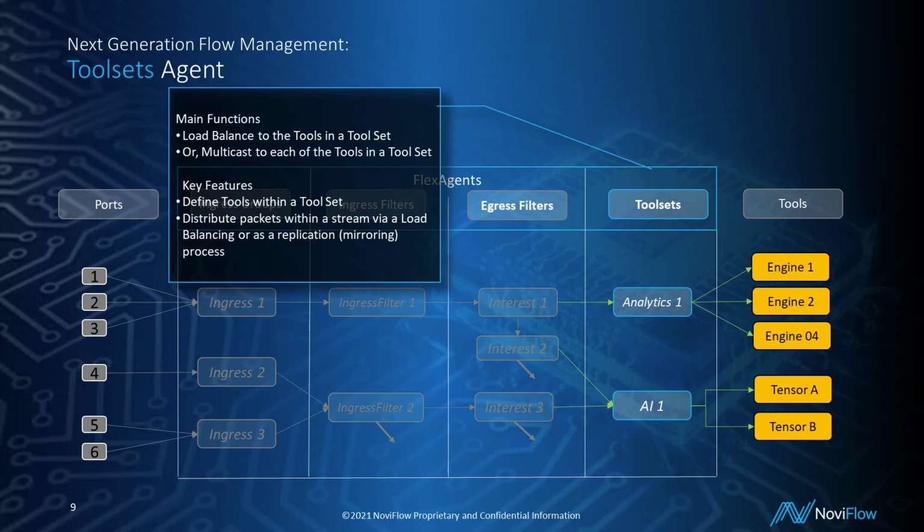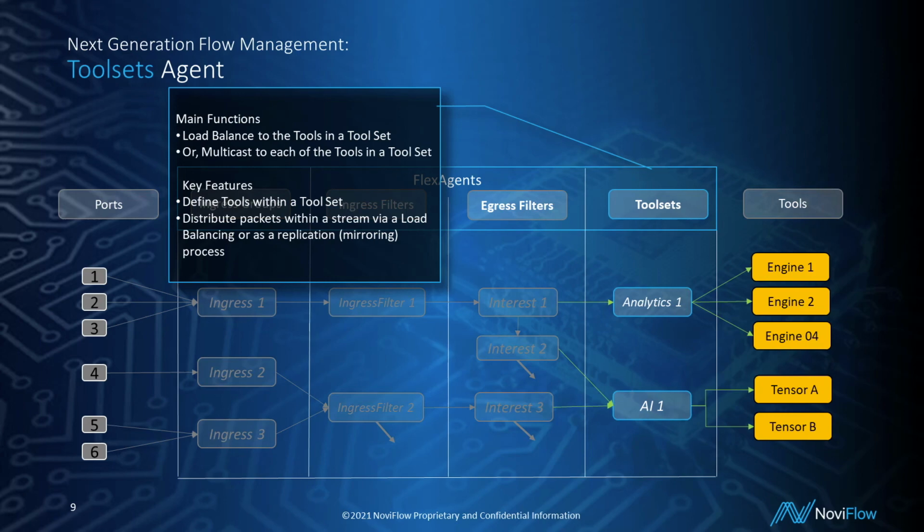The key features are, one, define tools within a tool set. Now, let's think about this for a second, because this is really, really powerful. All the processing in front of this defines how packets flow through this pipeline and arrive at, for example, Analytics 1. But none of those rules know how many tools are out there, and they don't have to.